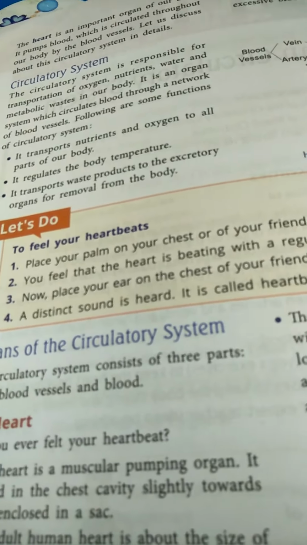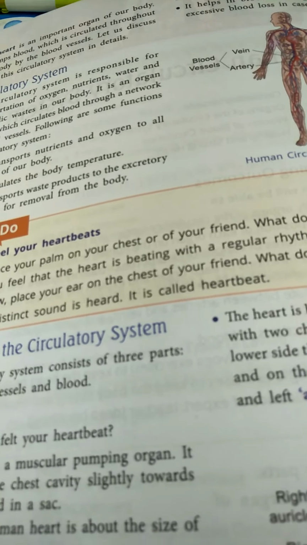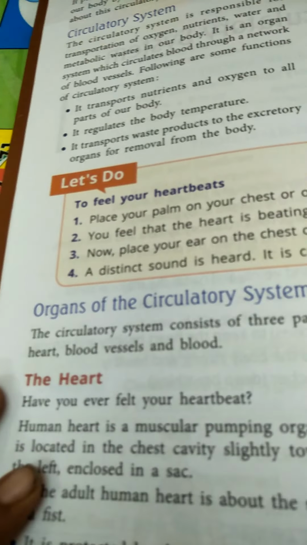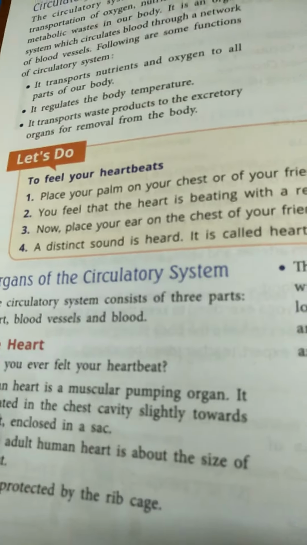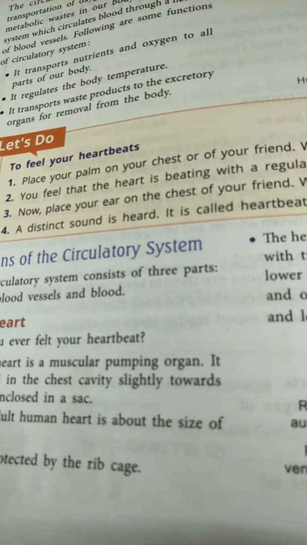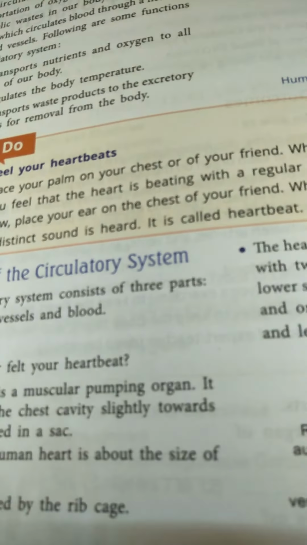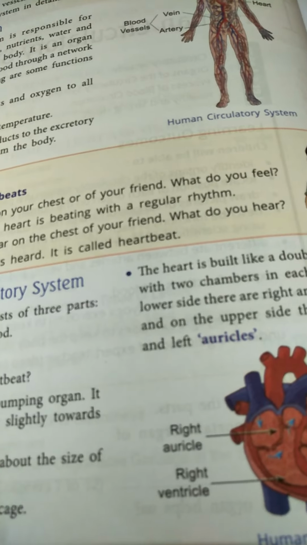Place the palm on your chest or your friend's chest. What do you feel? First of all, you have to just place your palm. You feel that the heart is beating with a regular rhythm.